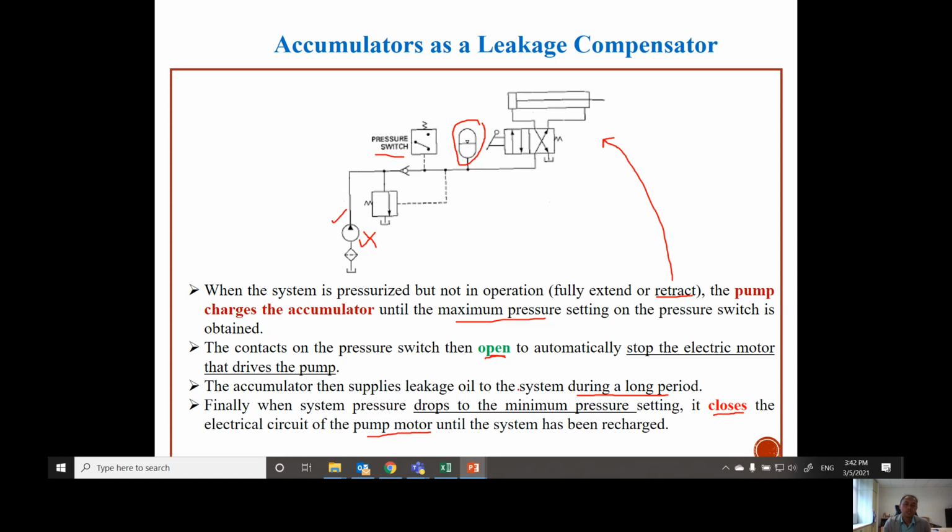Okay, so that's how the cycle repeats and repeats. It all depends on what happens to the pressure setting, whether it reaches the maximum or the minimum setting. So that's how an accumulator can be used as a leakage compensator.